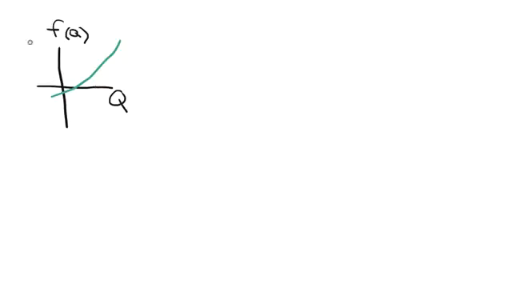So we start out with a guess, and then if we come up and find the functional value, and then we draw a tangent line and find a new guess value, and we come up here and then we draw a new tangent line, and eventually we come to the root of this function.